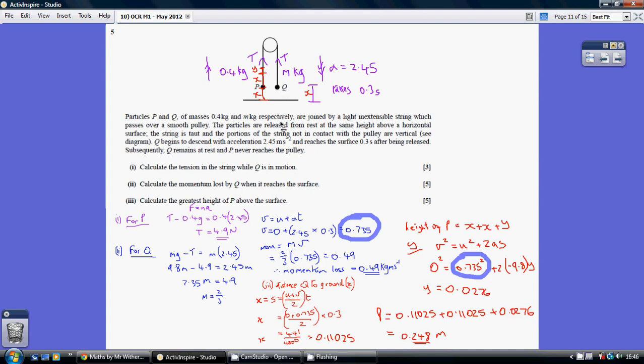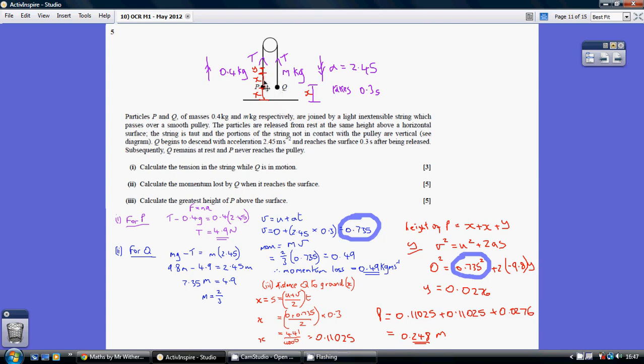We know our final velocity of Q was 0.735. We know the time taken was 0.3 seconds. So this allows us to work out that the distance x is 0.11025. So we need 2 lots of that. 1 lot, 2 lots.